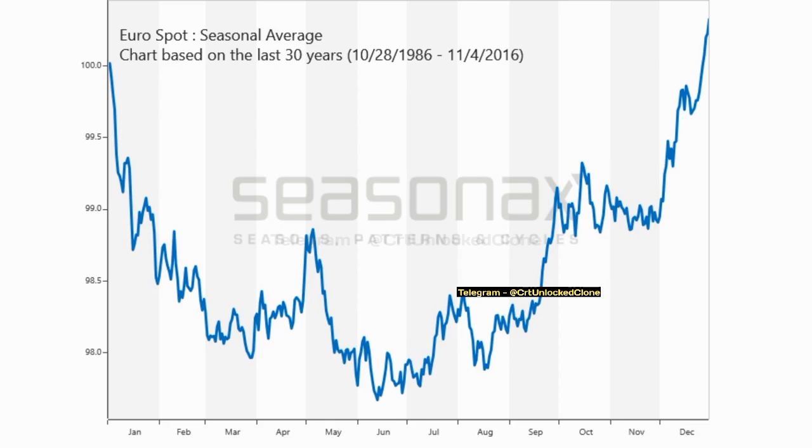It means that this seasonality chart is showing you the summary of what Euro USD has done on average each year throughout each month over the last 30 years, and it has collected that data and summarized it into this single chart, right? It's a summary of all the price action of EU of the last 30 years, and you can see right here that Euro USD or EU has followed a certain theme or pattern.